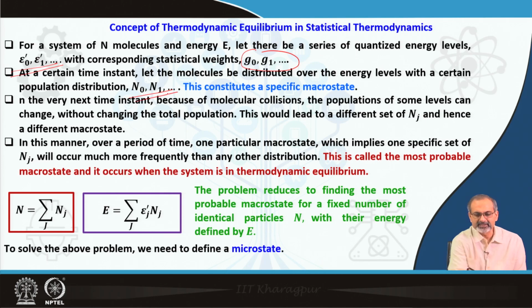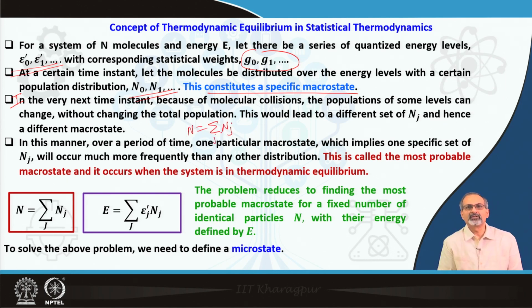Those are the Nj's we were talking about. This constitutes a specific macro state. In the very next time instant, because of molecular collisions, the populations of some levels can change without changing the total population. So, the n remains fixed, but the Nj distribution over j levels can change. This would lead to a different set of Nj and hence a different macro state.